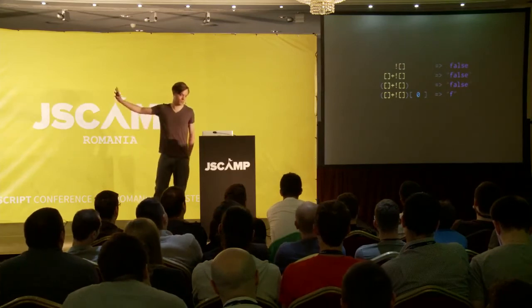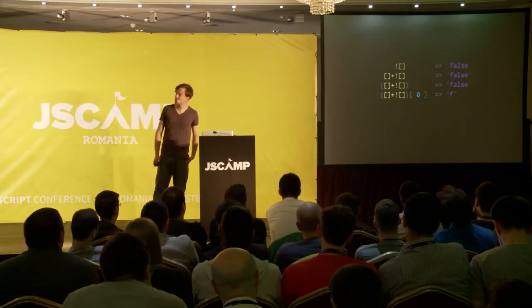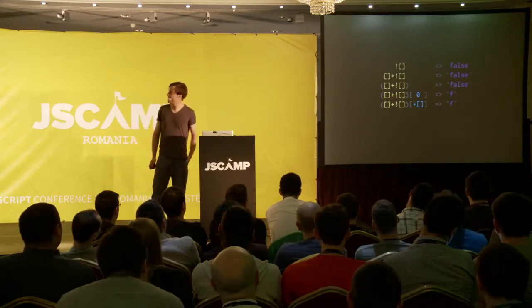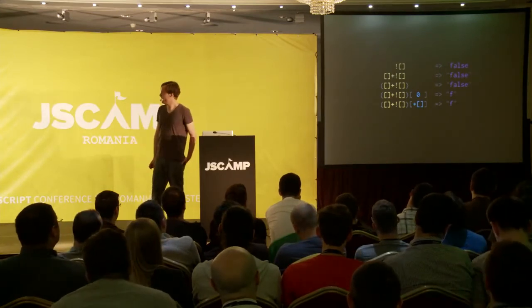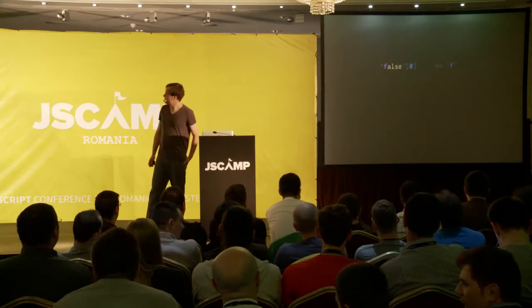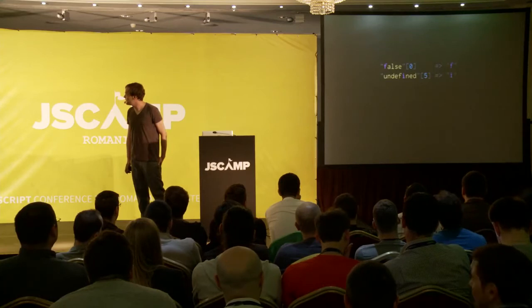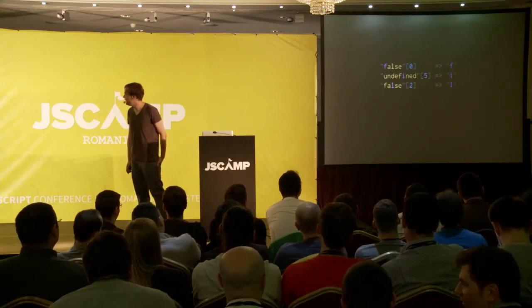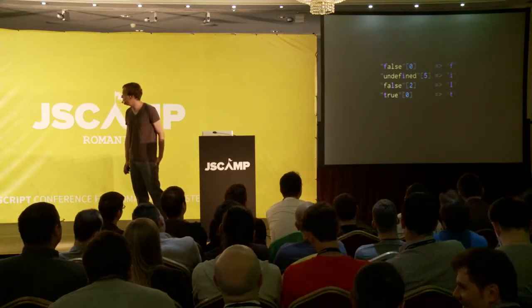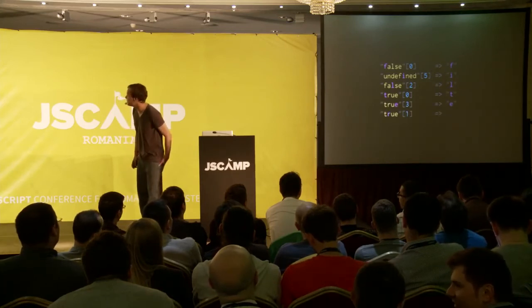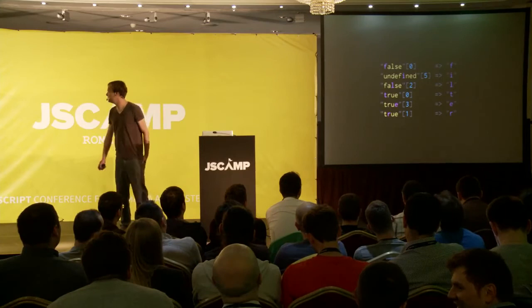And if you don't want to use numbers here, we can use the thing that we used before and still get an F. In that way, it's possible to collect some characters: the F from false, the I from undefined, the L from false, the T from true, the R from true, and the E from true.